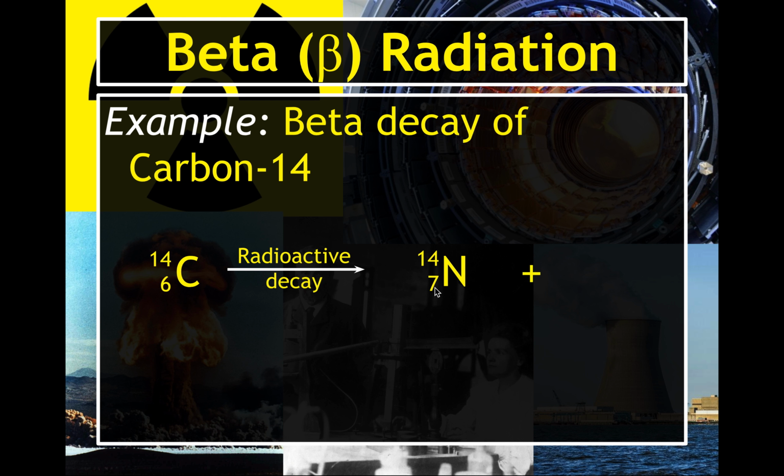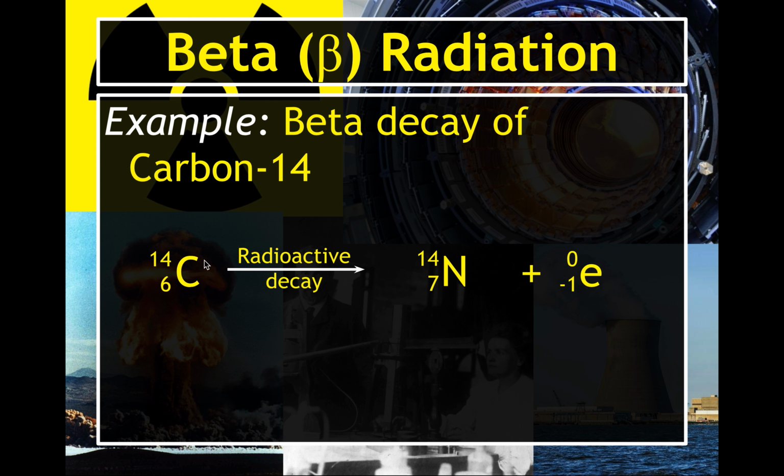One of our neutrons has turned into a proton. Notice that the mass number hasn't changed because protons and neutrons have the same weight. What will be given off is an electron that has no weight, and of course one of our protons will have changed.